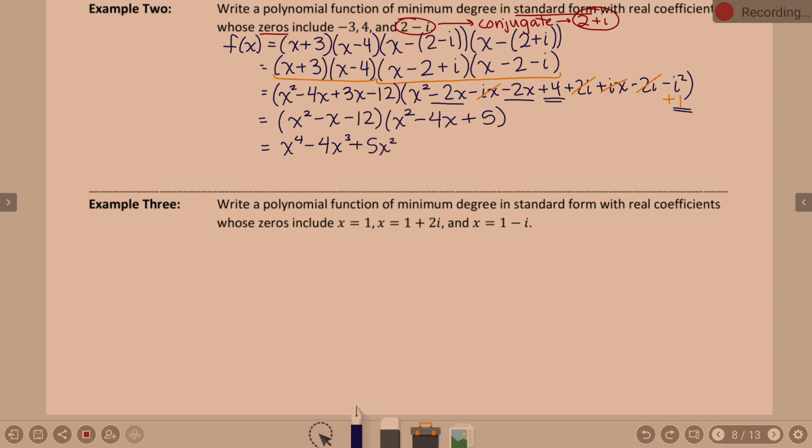I'm going to distribute my negative x. Negative x cubed plus 4x squared minus 5x. And I'm distributing my minus 12. Minus 12x squared plus 48x minus 60.